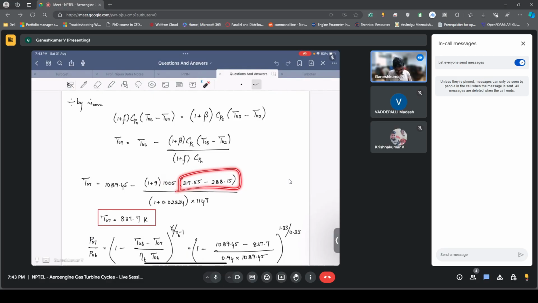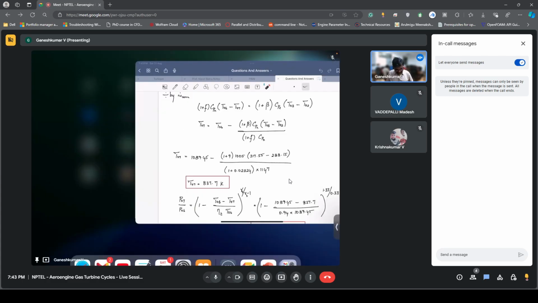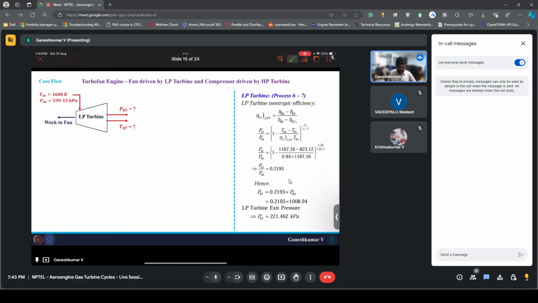The same equation. When you solve it, you will get 837.7 Kelvin. So that's what this is here. So it is right. There's some small typo which I will correct while I post these notes. Anyway, let's go forward.